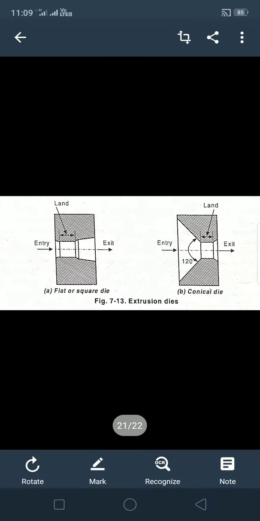The design of extrusion dies is somewhat complicated for different metals and alloys. Flat and square dies are used for non-ferrous metals and alloys. Conical dies are used for hard metals, steel, stainless steels, and other tough metals, with a higher degree of entrance, and even at the exit providing some inclination with the horizontal plane.